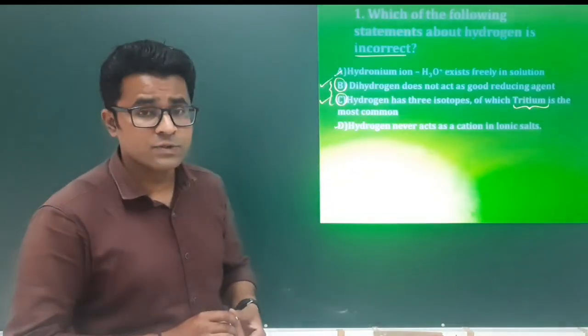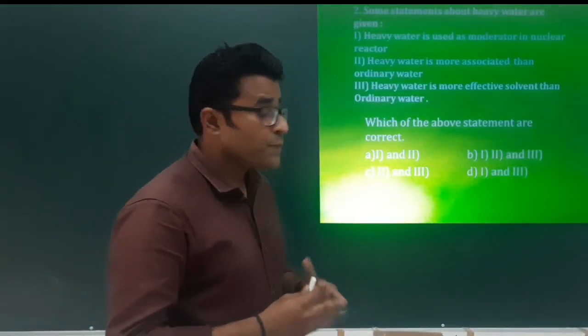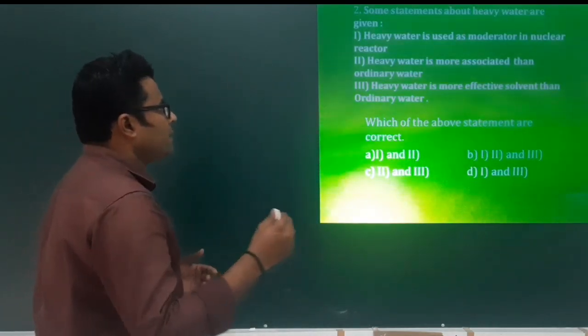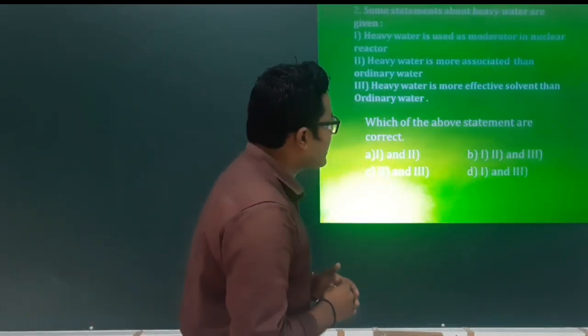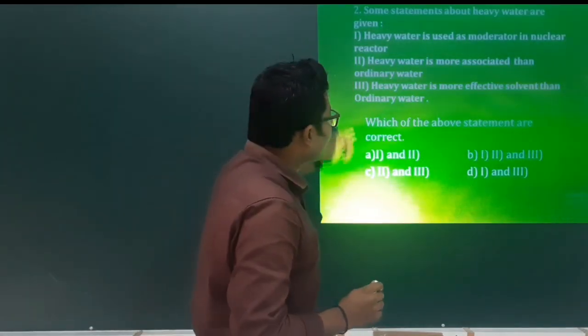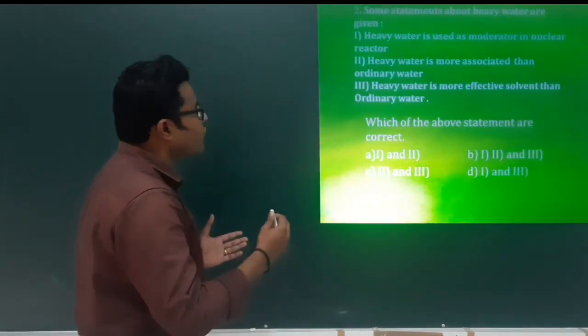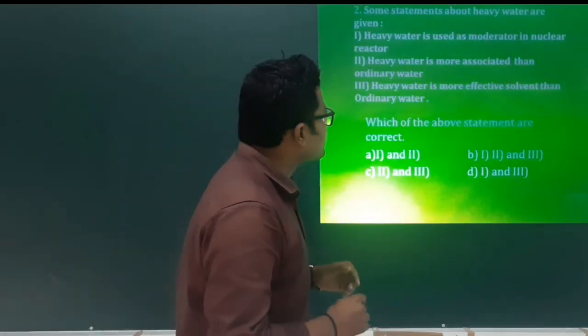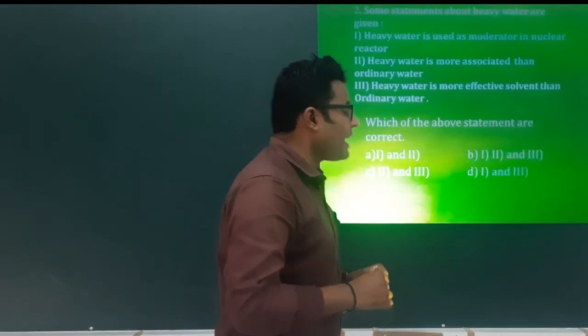Let's go with the next question. Question number 2. Some statements about heavy water are given. Heavy water is used as a moderator in nuclear reactors. Yes, one of the correct answers. Heavy water is more associated than ordinary water, again correct. Heavy water is a more effective solvent than ordinary water.